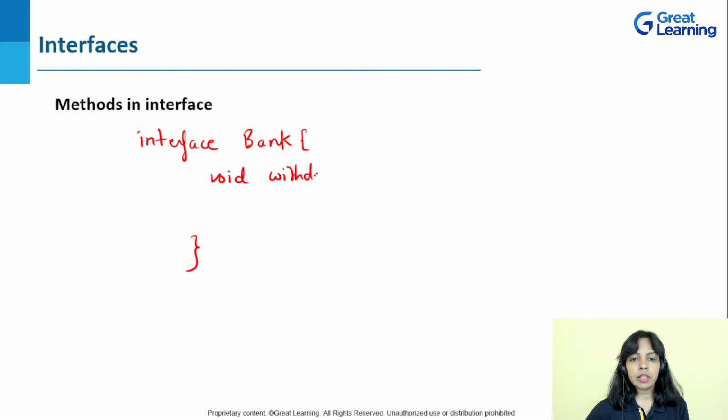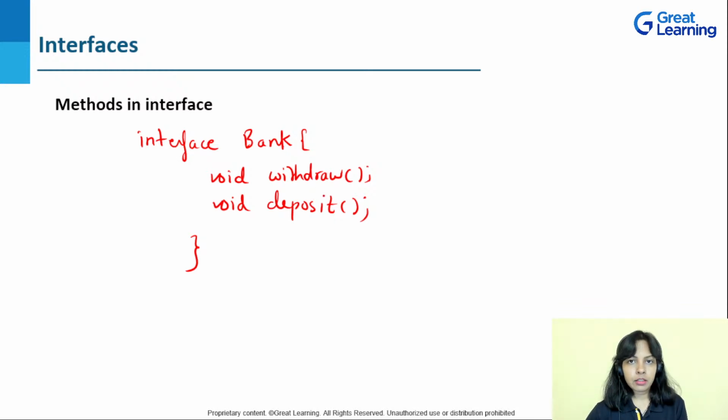So I will write withdraw here. The next method is void deposit. Two methods in the bank, deposit and withdraw. Guys, these two methods are by default public and abstract. Even if you don't write the public and abstract keywords here, they are appended by default by the JVM. So it is public and abstract.